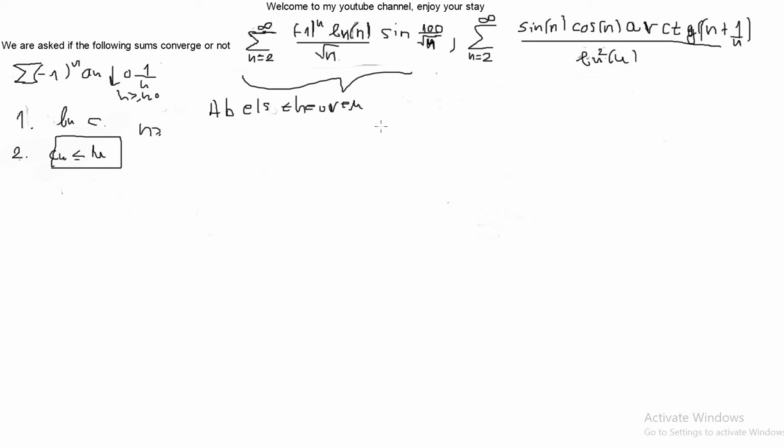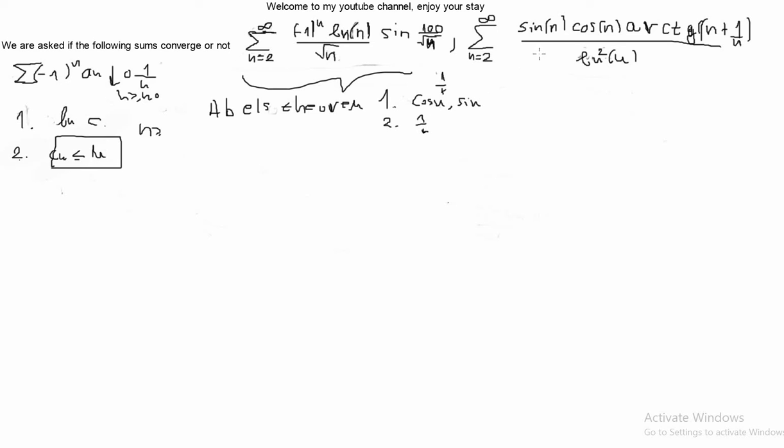There is a criterion called Dirichlet's criterion: if we have cosine of n or sine of n, where the input isn't a fraction, and the second condition is that it's divided by a function that's monotonically decreasing, for example 1 over n, then the series cosine of n divided by n would converge by Dirichlet's criterion.